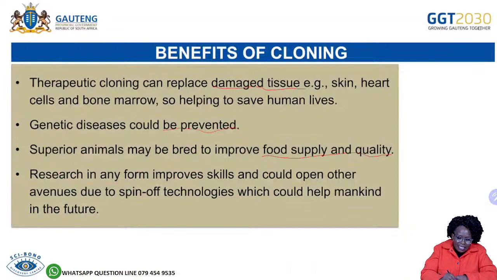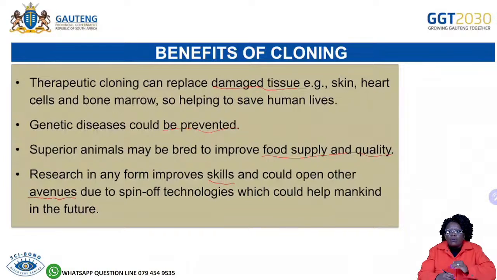And research in any form improves skills and could open other avenues due to spin-off technologies which could help mankind in the future. You can see that on a regular basis there is growth and new developments in technology. So biotechnology is a growing field, and there's more exploring on it. So you may see that cloning is tapping us into the future.